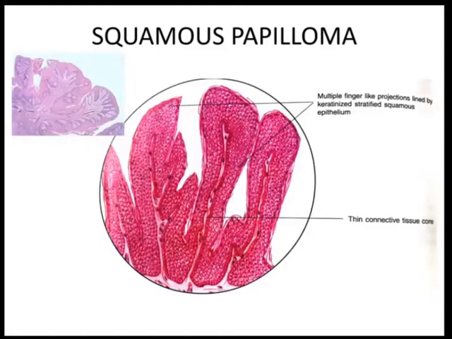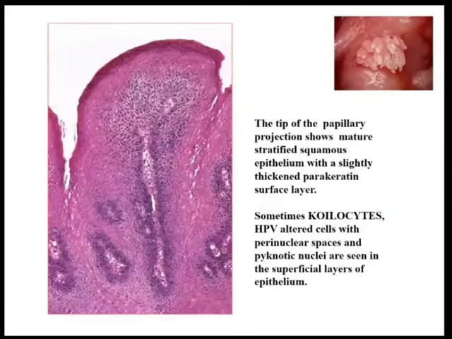Now starting with squamous papilloma, you can see multiple finger-like projections which are lined by a keratinized stratified squamous epithelium, and below that you can see a thin underlying connective tissue core. To the right side corner you can see a clinical pic of squamous papilloma.